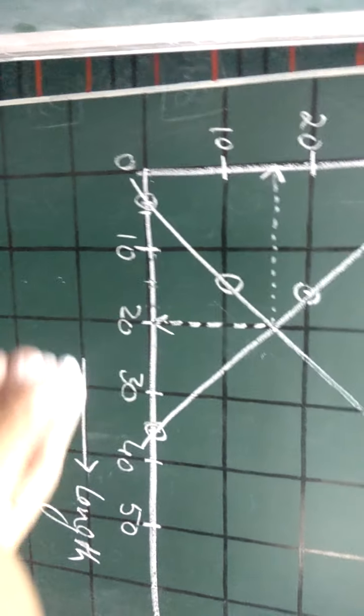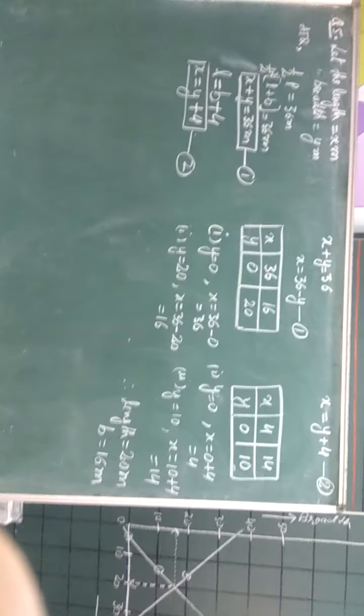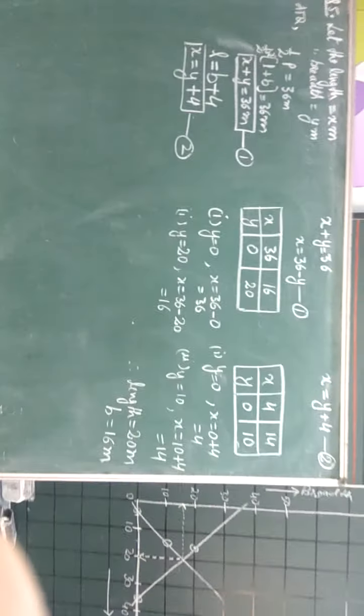So this is length and this is breadth. Therefore, length is equal to 20 meter and breadth is equal to 16 meter. Dear students, in this way you can get the solution of the given statement question. I hope it is clear to all of you.